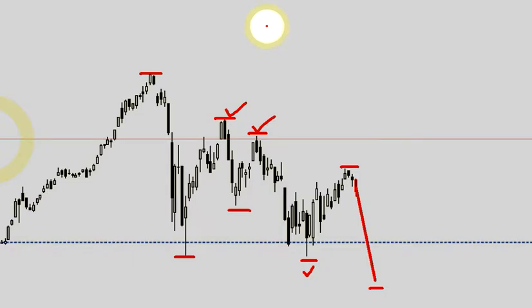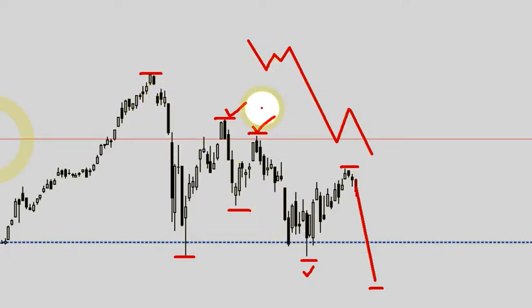The way a wave 3 works in an idealized pattern is you get a wave 1 down, you get some sort of correction in a 3-wave or ABC move up, and then wave 3 is very long, and then usually you get some sort of simple correction. It's about the same height as this, and then finally wave 5 makes a lower low. So we should see some sort of version of that in this.